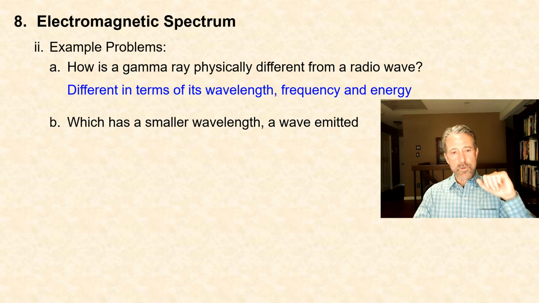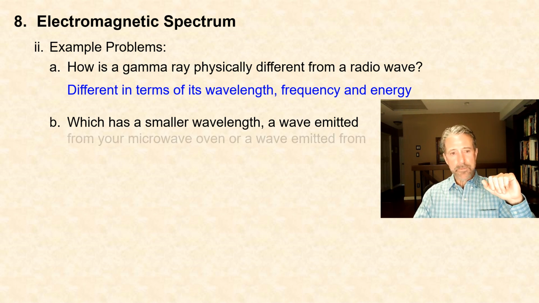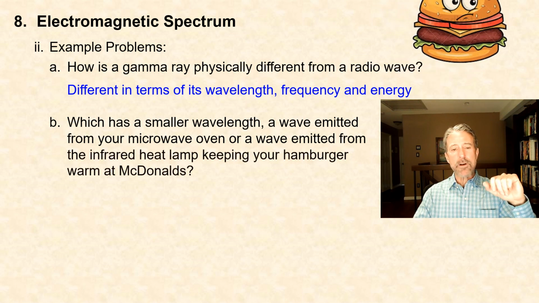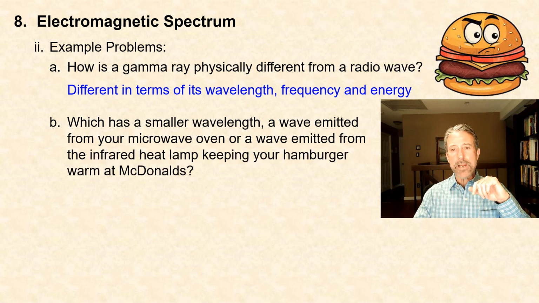So in this next question, we're asked which has a smaller wavelength? A wave emitted from your microwave oven or a wave emitted from the infrared heat lamp keeping your hamburger warm at McDonald's? Oh wait, that's right, McDonald's claims that they don't use those infrared heat lamps.